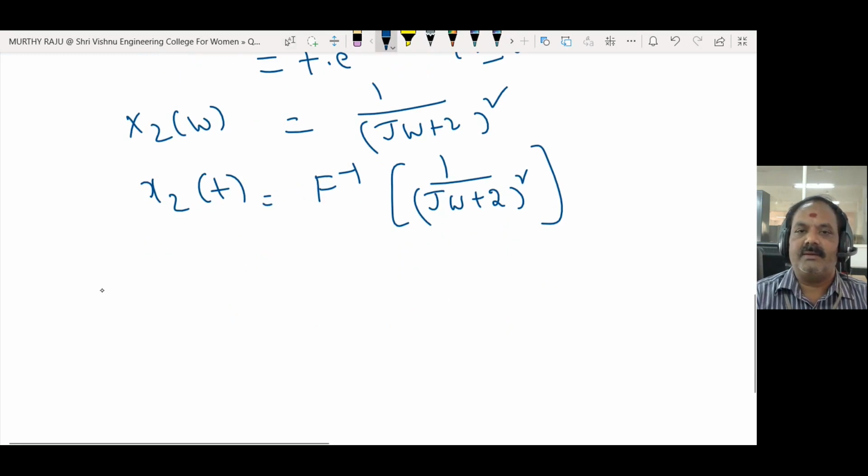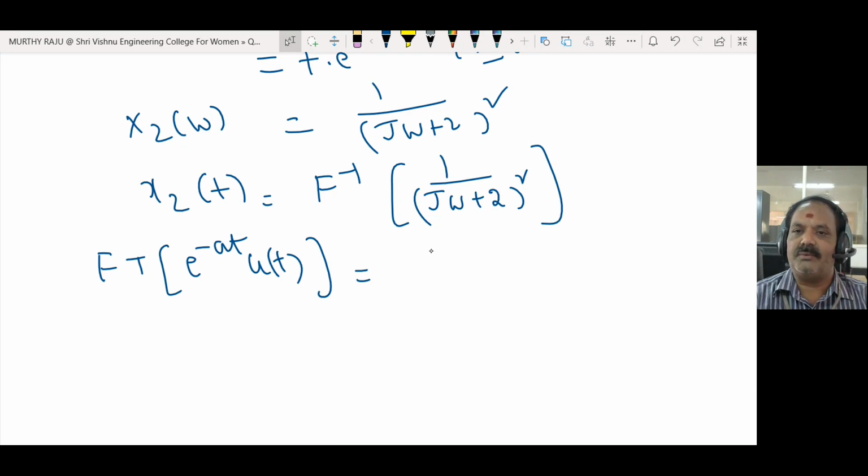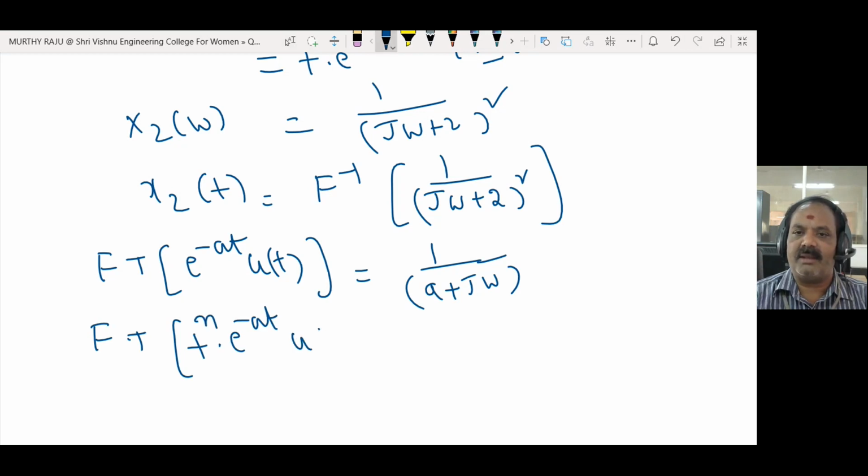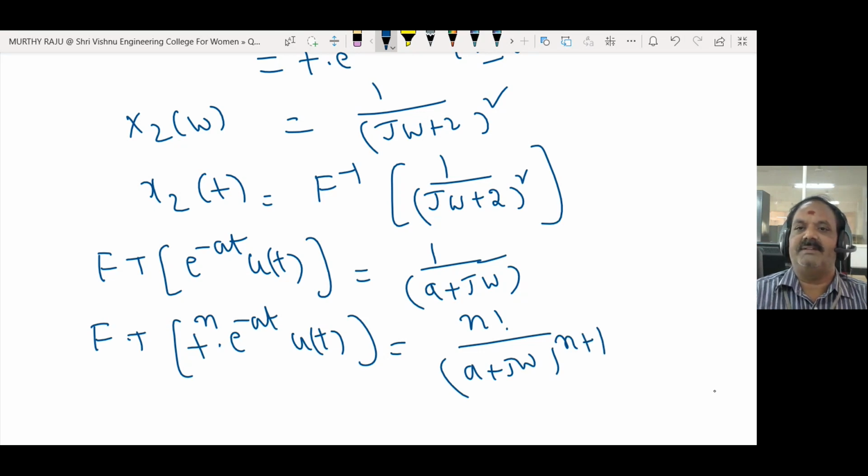We know that the Fourier transform of e power minus at u of t is 1 by a plus j omega, and the Fourier transform of t power n e power minus at u of t is n factorial by (a plus j omega) whole power n plus 1.